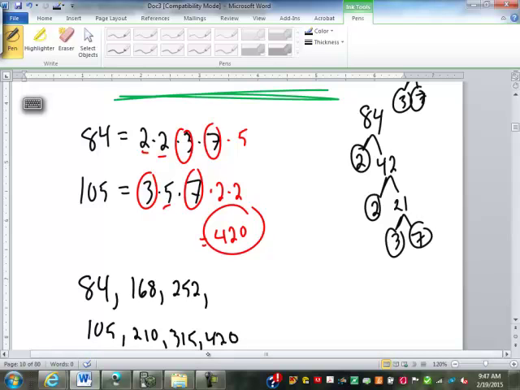I was thinking, since it's 84, it would have to end in like 20 or something like that. It doesn't have to. It just has to end in an even number, so 315 can't work. Yeah, it has to end in an even number, you know that. Right.